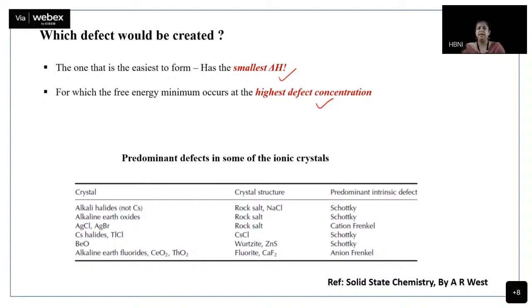When I say a material is more prone to getting vacancies rather than interstitial, then we should also remember that we are talking about the majority defect. Vacancies will be the majority, but we don't say that there will be no interstitials at all. Because all sorts of cocktail of defects occur in the material, just that which one is thermodynamically more feasible forms the majority of it. All right, I hope this is clear.